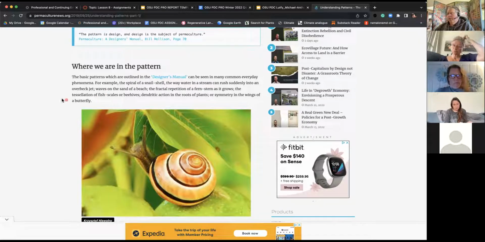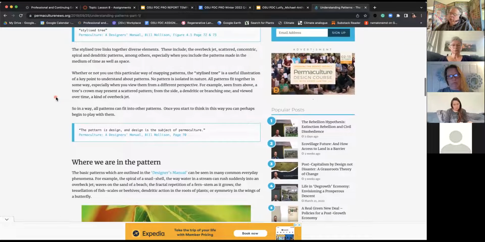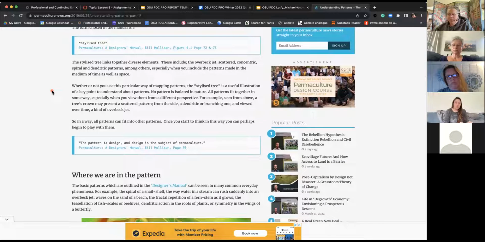So why is this important? Well, if you have patterns that are obvious within your landscape, you may want to pick those up and have them integrated within your landscape itself. Now, a really good example of that would be with keyline cultivation patterns.